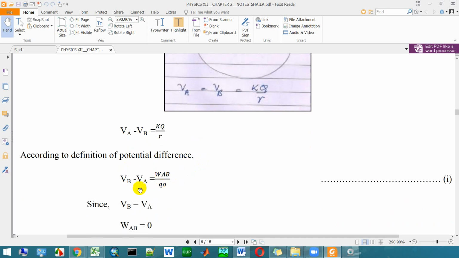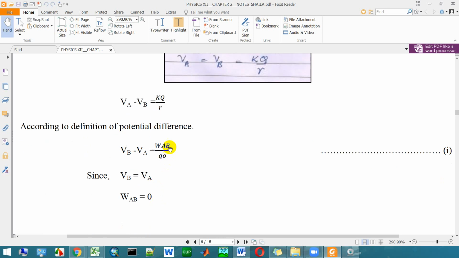And according to the definition of potential difference, VB minus VA is W by Q naught to take the charge from A to B. And since the potential at B and A is the same, the work done is equal to 0.